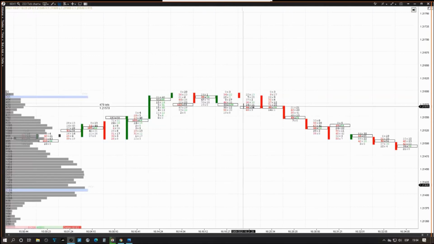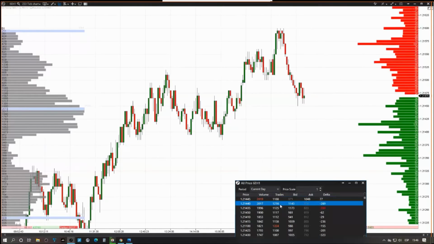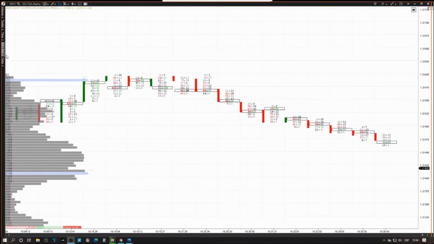Okay, and you can see highlighted some colors, the red and the green, because I activated the bid by ask imbalance, which also indicates when there's a big trade or a big difference between one side and the other. This helps me determine when somebody has been very aggressive entering or exiting the market.